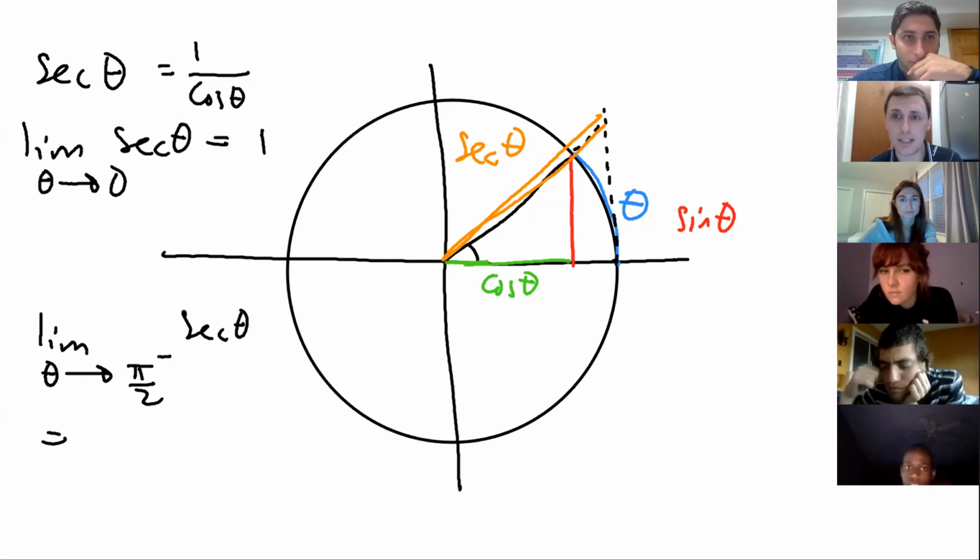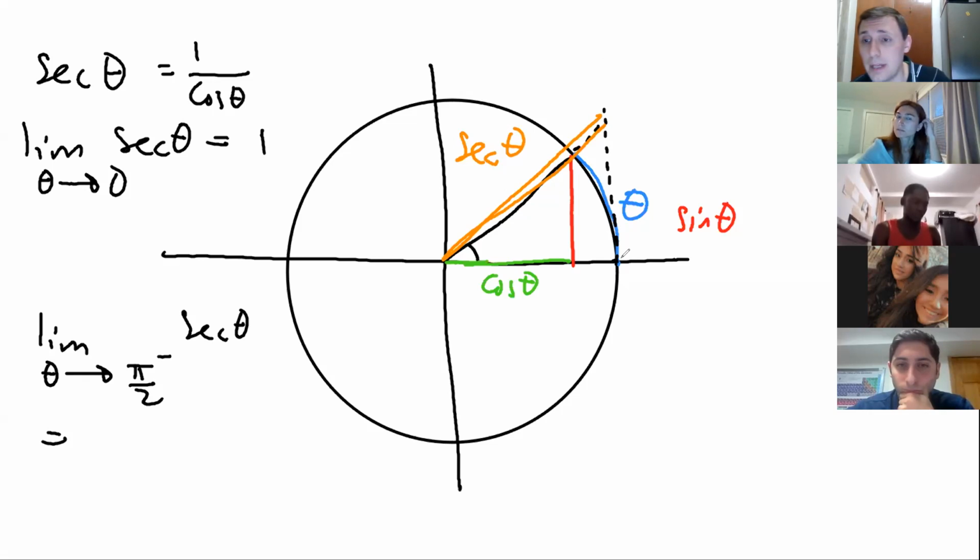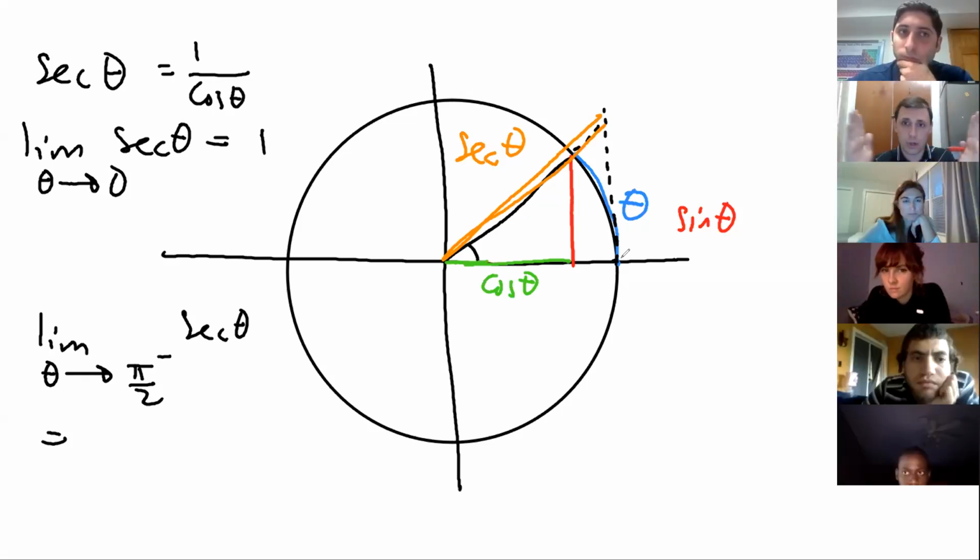Good. So what is secant? Infinity. Do you all see why it's infinity, guys? Look at it. What happens if I rotate closer to pi over 2? If I rotate closer to pi over 2, secant, this orange line, has to meet that dotted perpendicular line emanating from 1. Do you understand why? Because I'm always going to normalize or change the scale of my triangle, so I divide by 1.